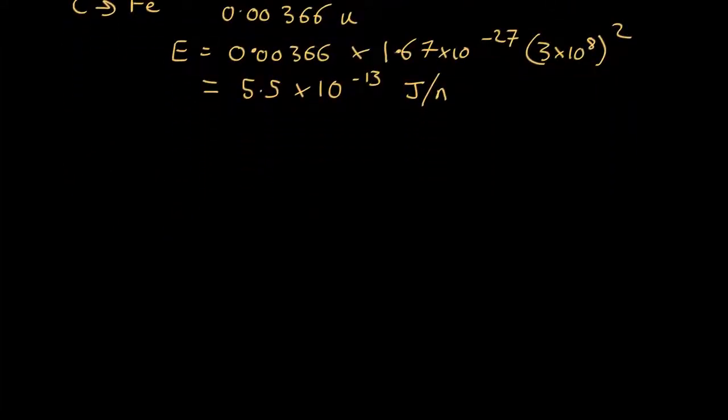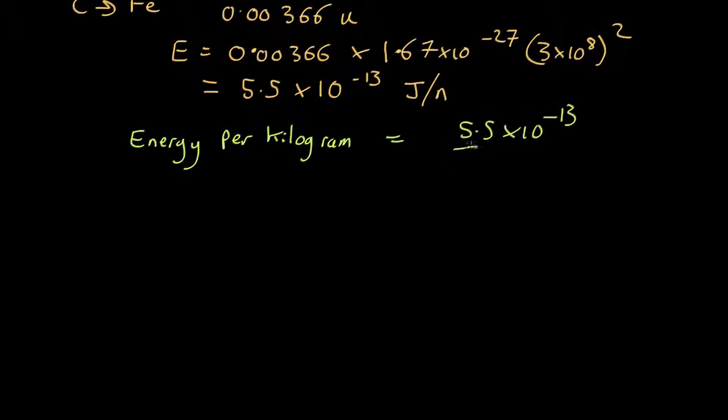Of course, there are a lot of nucleons in a white dwarf. So how many nucleons do you have in a white dwarf? Well, what we can work out is the energy not per nucleon, but per kilogram. So energy per kilogram equals 5.5 by 10 to the minus 13 divided by the mass of a nucleon.